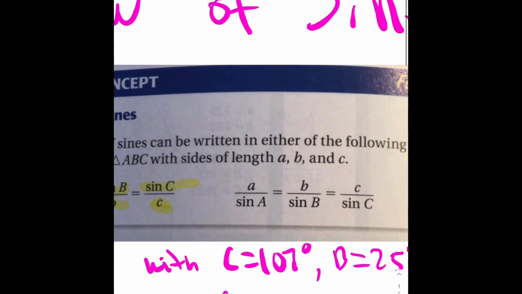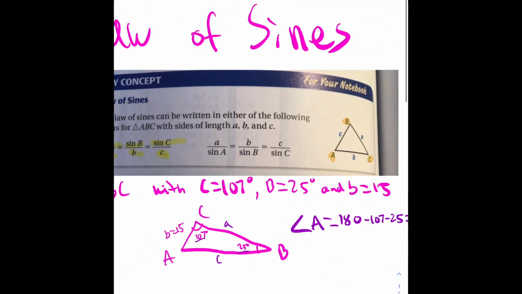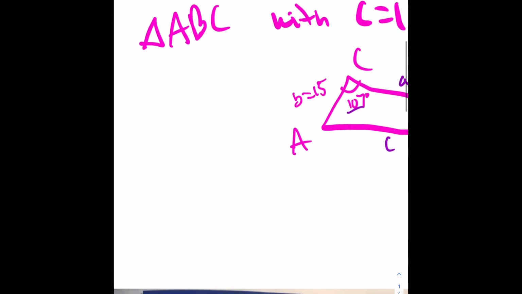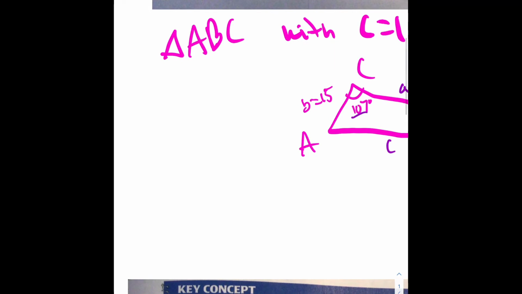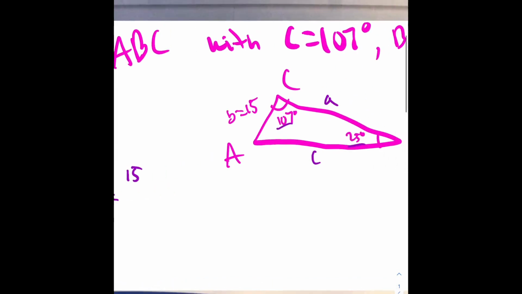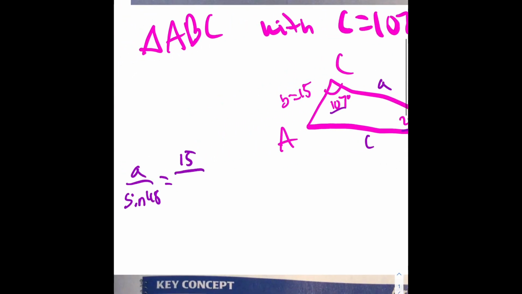Looking at what we know, we could use this idea to say side A over sine of 48 is equal to 15, because I'm given side B, over sine 25, is equal to C over sine 107.